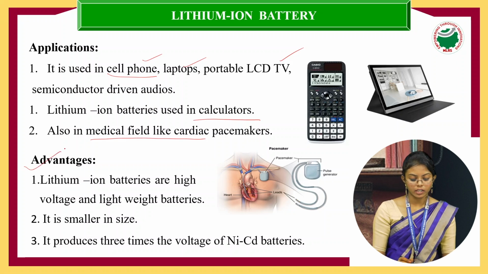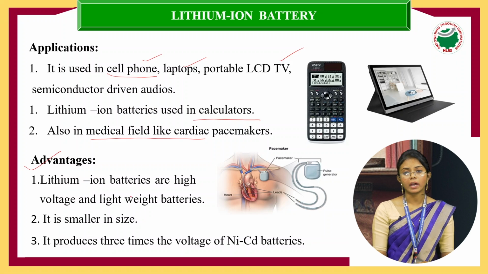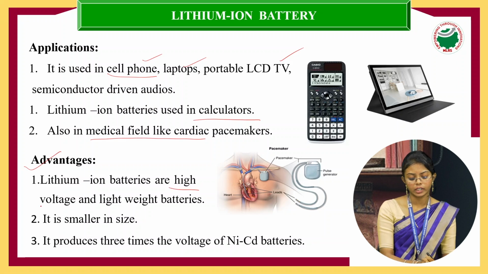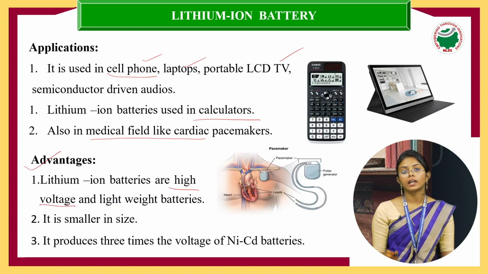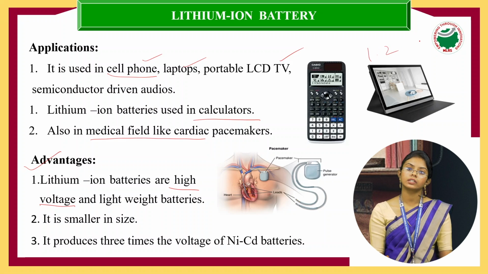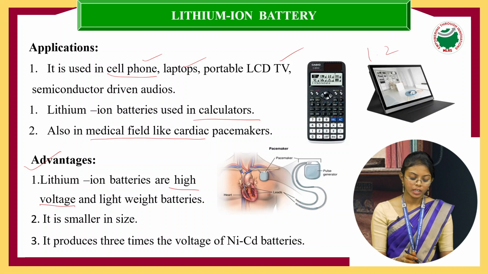Coming to the advantages, lithium ion batteries have high voltage. Like we studied previously, the primary battery's voltage is somewhere around 2 or 1.3. But coming to the secondary battery, it has more voltage, high voltage. Okay, so it is a major advantage of a secondary battery.